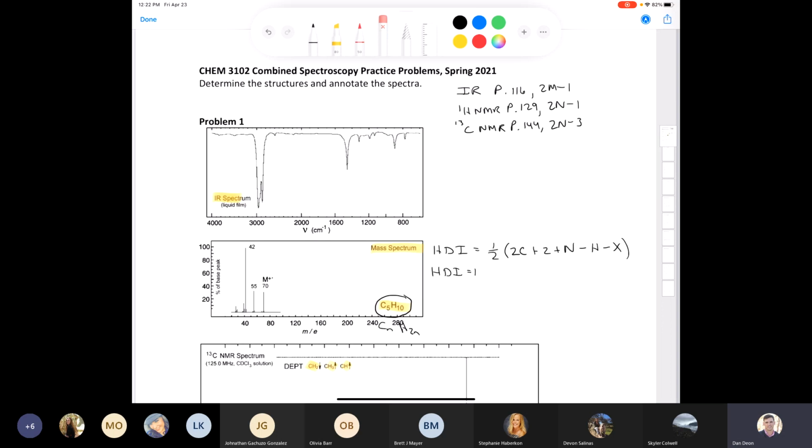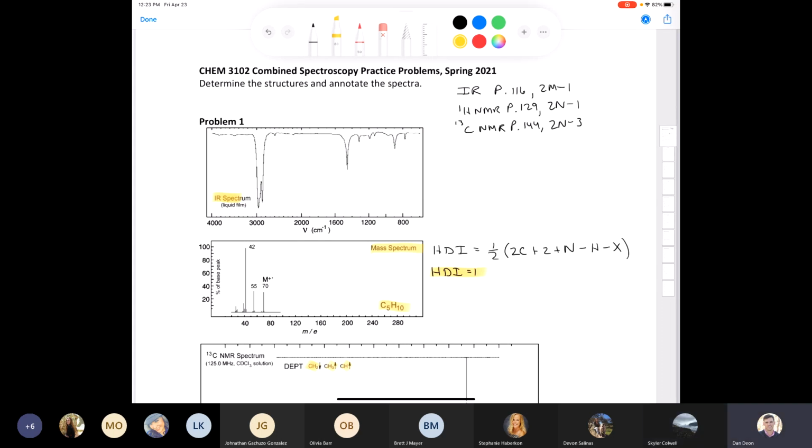That means we have 1 unit of unsaturation. I have a question for my students who are online currently. If I have 1 unit of unsaturation, could anybody tell me what that would indicate? If I have an HDI that's equal to 1. And it's not a trick question. I don't like trick questions. A ring?